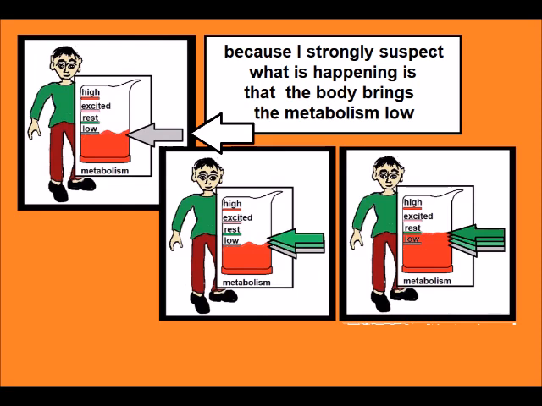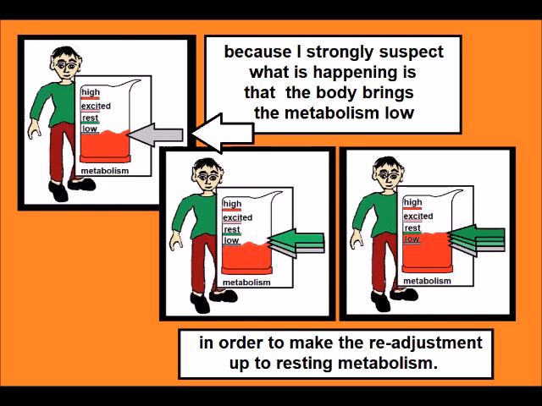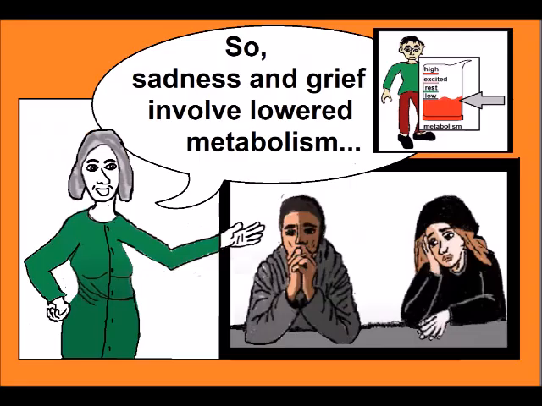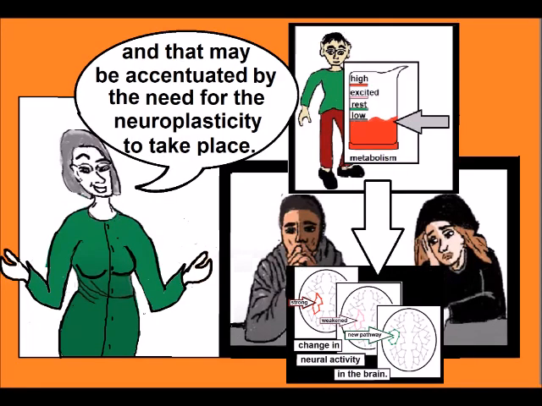happening is that the body brings the metabolism low in order to make the readjustment up to resting metabolism. So sadness and grief involve lowered metabolism, and that may be accentuated by the need for the neuroplasticity to take place.